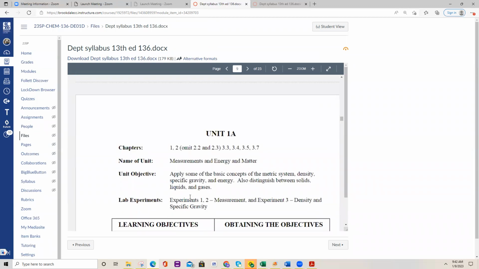What the rest of the syllabus is looks like what you would expect for a syllabus. It breaks down the content, what chapters are in what units, what types of things you are studying and looking at. And the first thing you want to notice about the syllabus is how it relates back to the textbook.